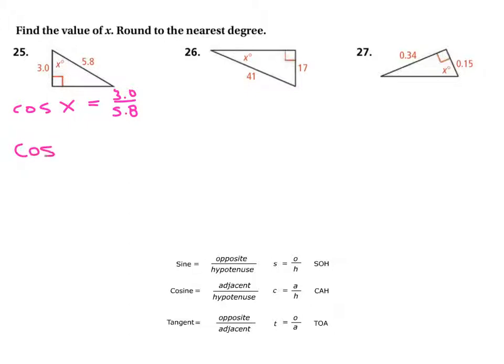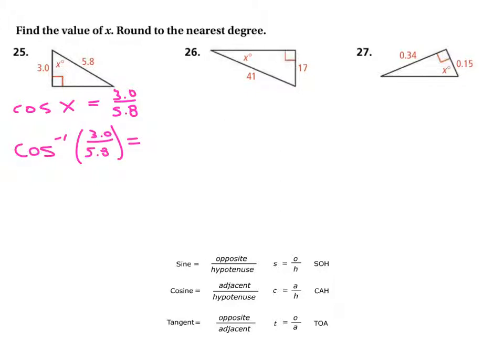inverse cosine of that ratio will give us the angle. So hit the second button, then hit cosine. You'll see inverse cosine opened up, parentheses opened up, 3.0 or just 3. 3.0 and 3 will do the same thing, divided by 5.8.